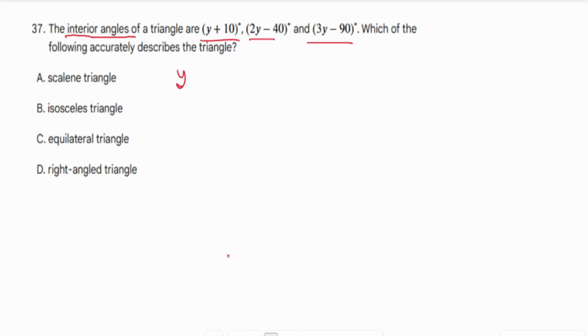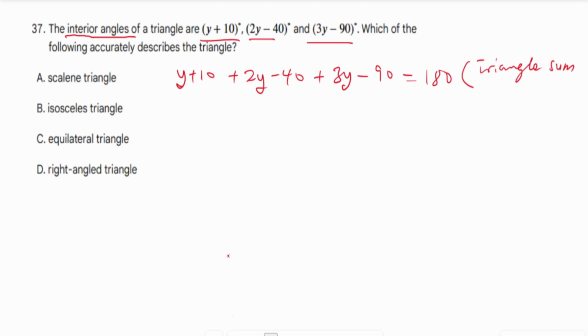We're going to have Y plus 10 plus 2Y minus 40 plus 3Y minus 90, and this should be equal to 180. And like I said earlier, this is the triangle sum theorem.